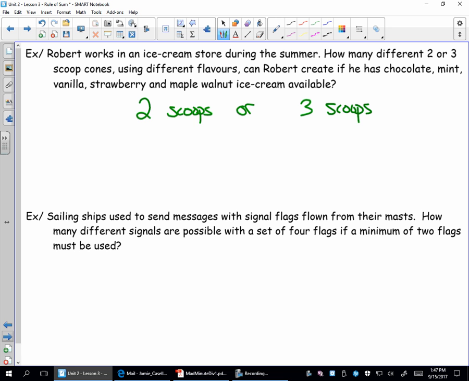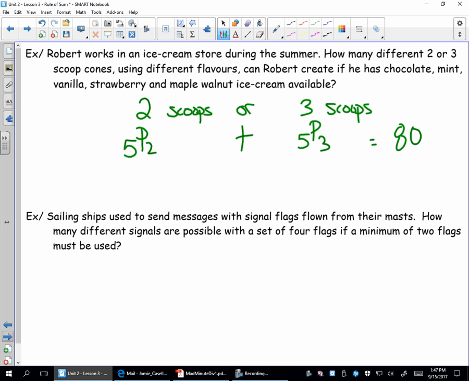Because if he's making 2 scoop cones, he has 1, 2, 3, 4, 5 choices of ice cream, and he's got to put them in 2 scoops. Okay, so 5P2. Or if he's using 3 scoops, he's got 5 choices, P3. If I add those two things together, I've got a total of 80, I believe, different scoops of ice cream that we can make.